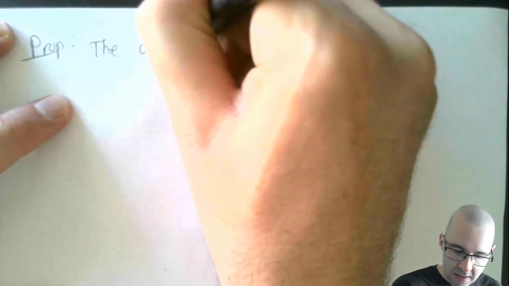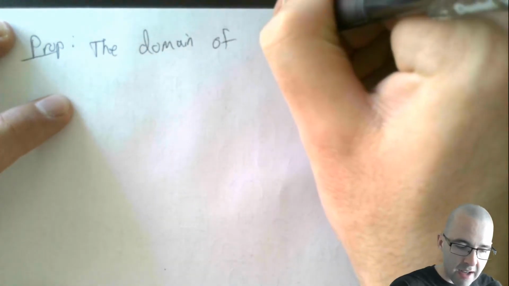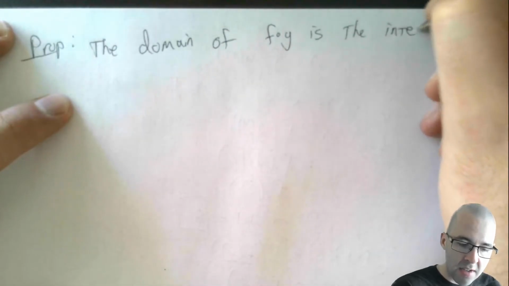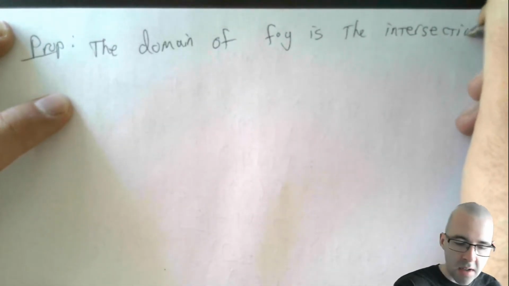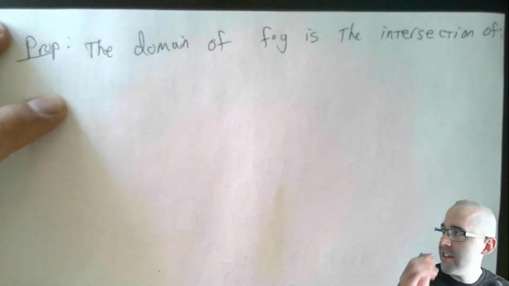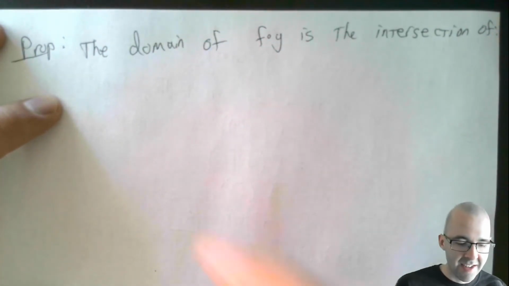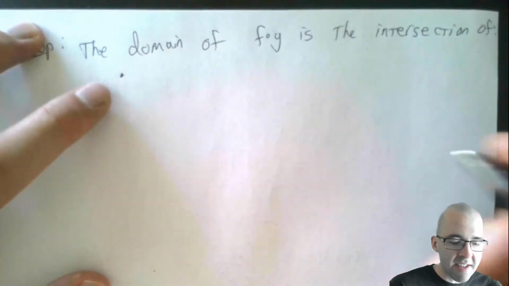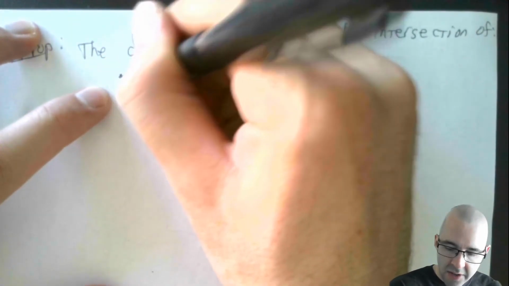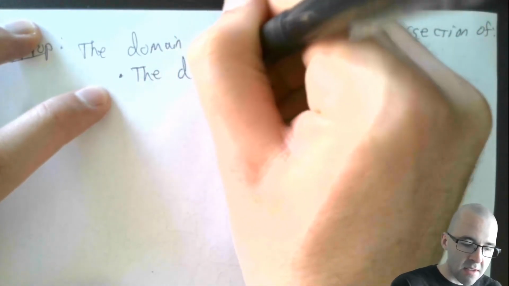The domain of f of g is the intersection of, it doesn't really fit. All right, it fits now. So it's still the intersection of two sets, just different sets. First one is the domain of g.